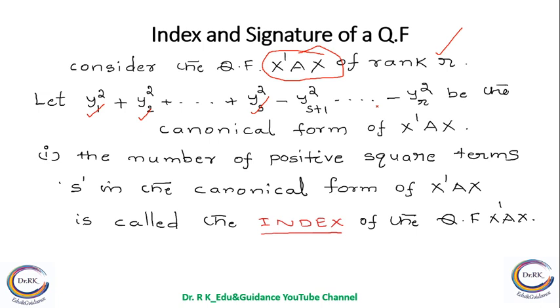So in this canonical form, we'll have positive terms and negative terms. Sometimes some diagonal element may become zero. Now, how many positive terms does this canonical form have? The number of positive square terms is called the index of the quadratic form. So index means the number of positive terms in the canonical form.